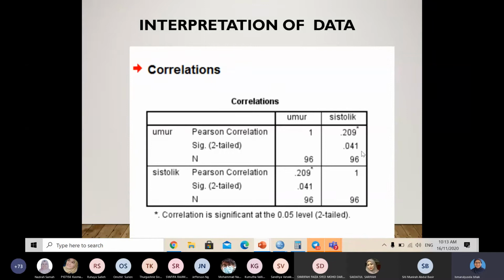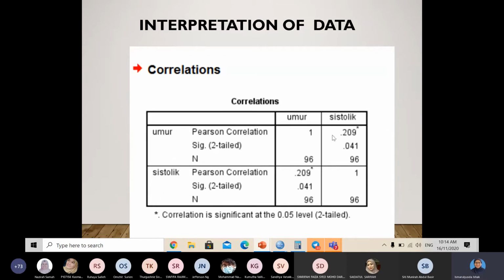some of you may know that there are many schools of thought that you need to look at the significance. This is important, to look at the significance. But some of the statisticians prefer to look at the R value.